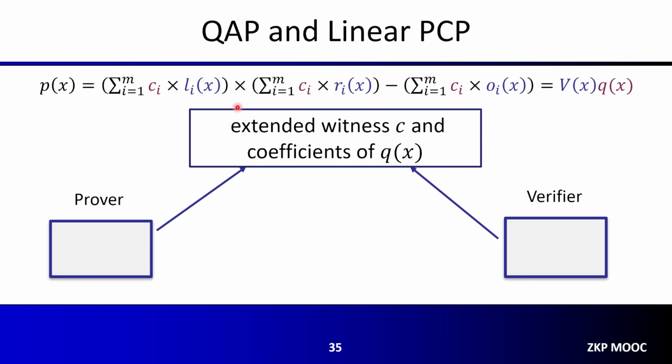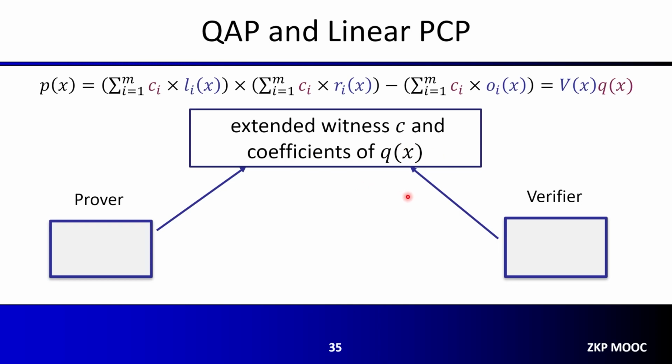Recall that in the quadratic arithmetic program, the prover is trying to convince the verifier that this master polynomial, computed using the extended witness c_i and the public selector polynomials L_i(X), R_i(X), and O_i(X), can be written as the product of a vanishing polynomial, which is public, and the secret quotient polynomial Q(X). We showed that this is equivalent to circuit satisfiability. In order to show this, we can apply the linear PCP model. This linear PCP oracle is simply the extended witness c and also the coefficients of Q(X).